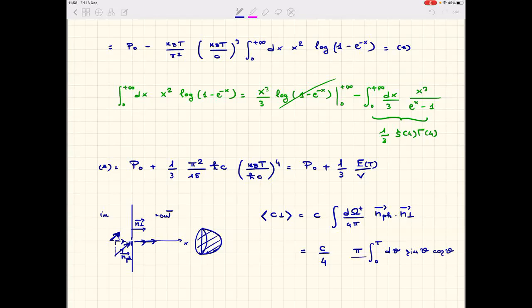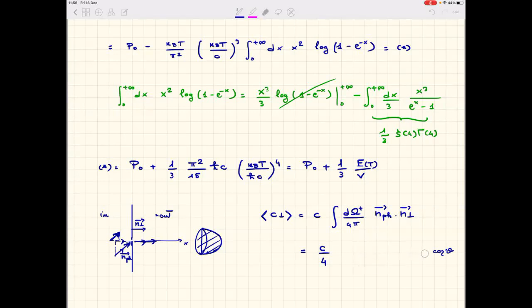Then you have to divide all of this by 4 pi. You don't have the amplitude of n photon? It is a unit vector, yes.